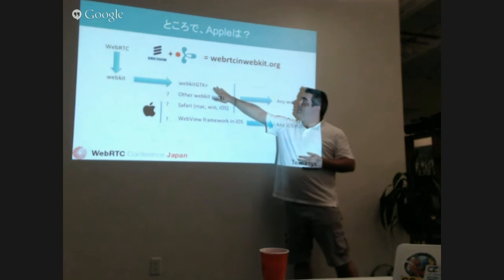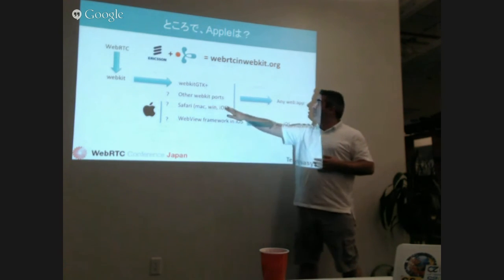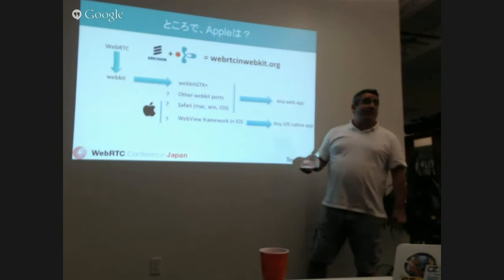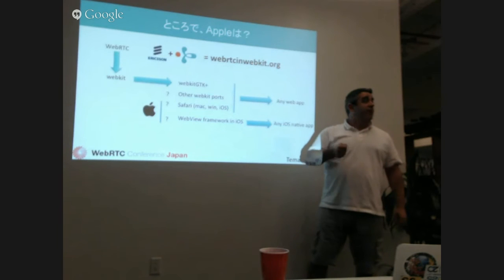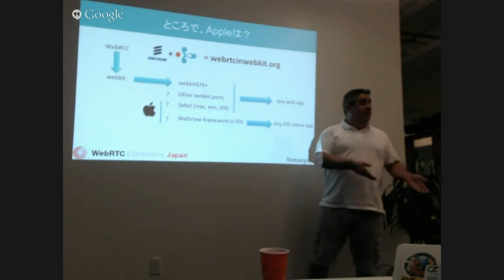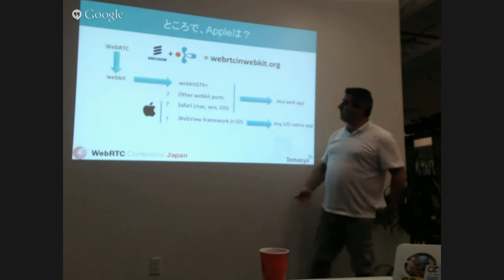When this is done, what is interesting is that all the other WebKit ports, including Safari, for example, would have access to that technology by a flip of a compilation flag. They still need to decide to do it, but at least the technology will be there and will be implemented.